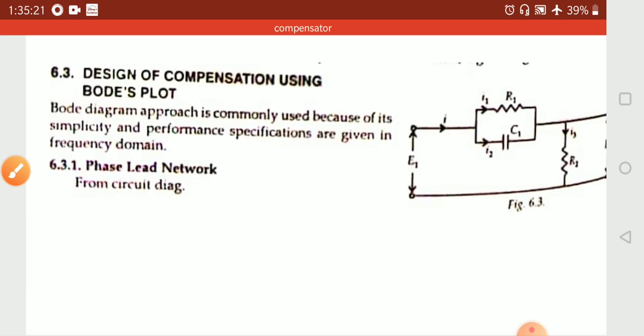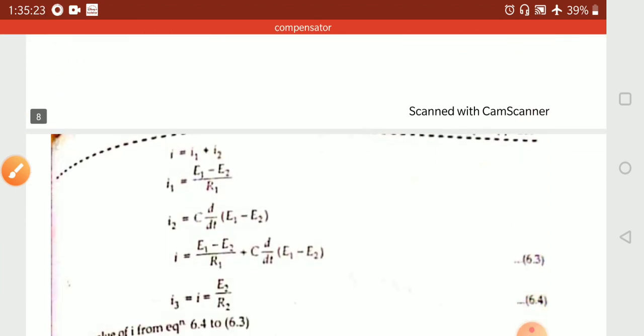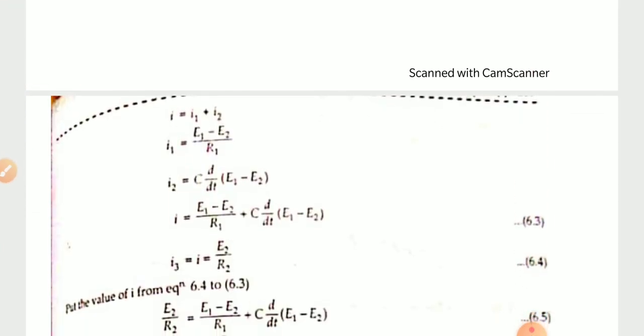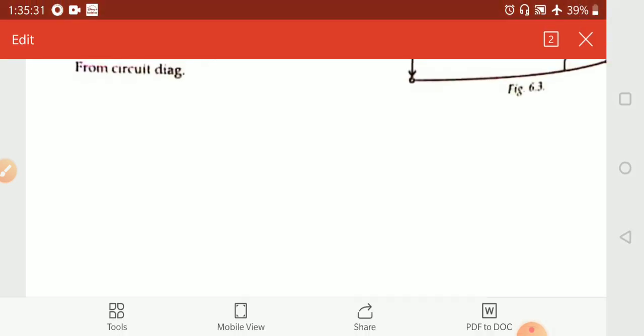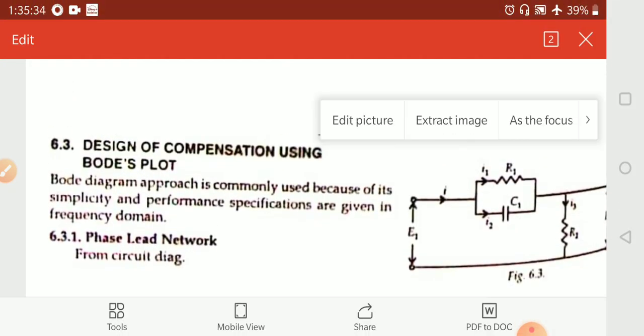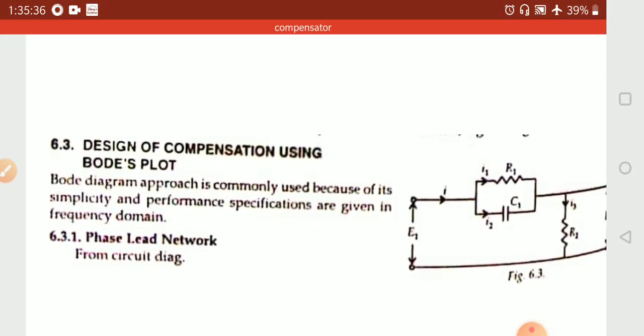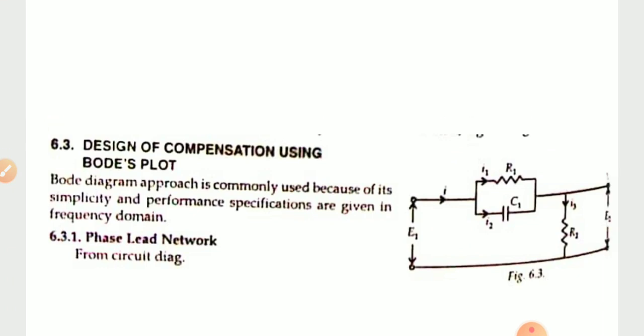So we can say I1 plus I2 equal to I. At first we have a formula I equals I1 plus I2, and when we calculate the value of I1, here the voltage is E2 and here the voltage is E1.